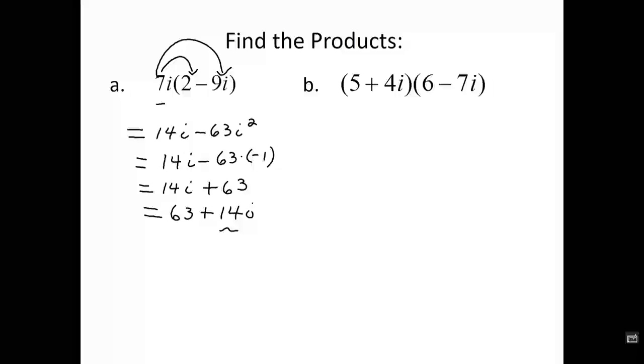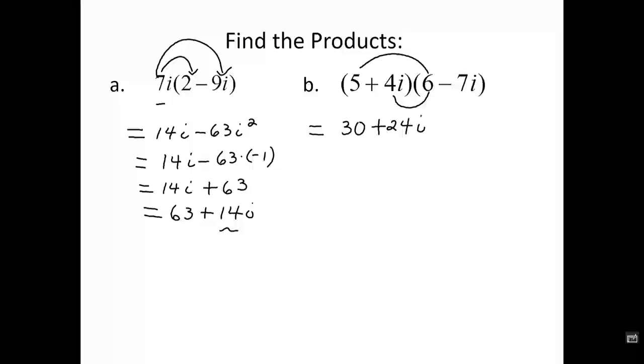In the next example, we want to multiply 5 plus 4i times 6 minus 7i. Now to do this, we could, of course, use the FOIL method, which would be 5 times 6 is 30. 4i times 6 is a positive 24i.